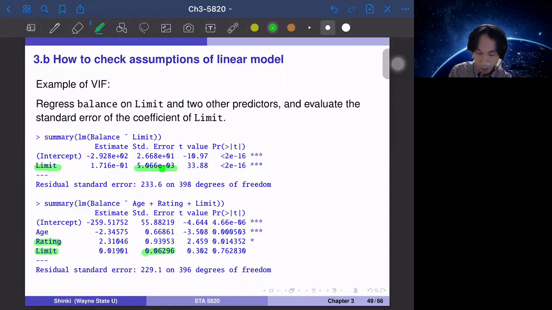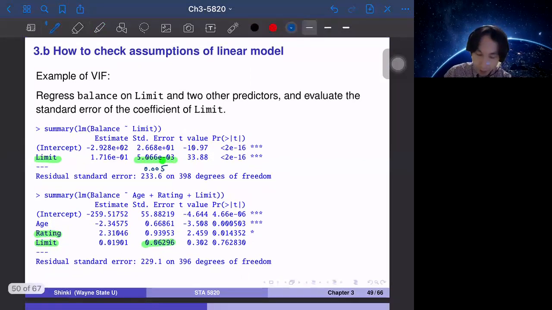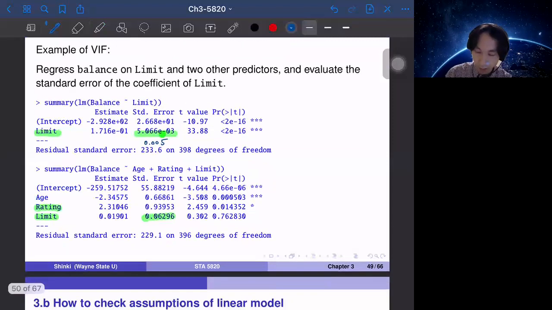In this case, in terms of standard error, this becomes approximately 0.005 to 0.063, so it becomes 12 times or 13 times larger. The variance is a squared quantity, so even larger. Maybe 12 squared to 13 squared, so almost 150 times larger.